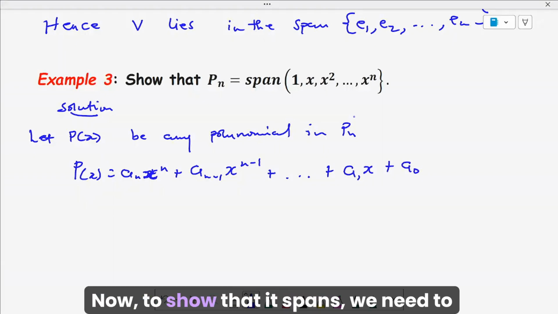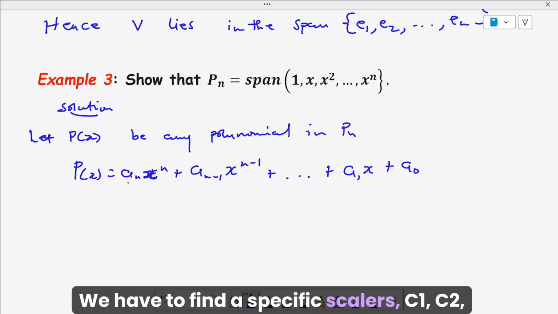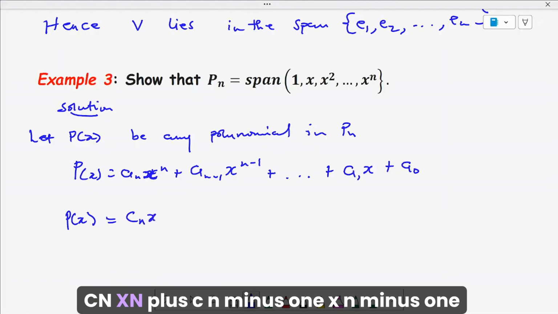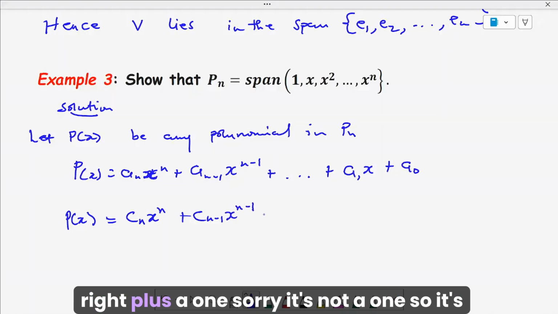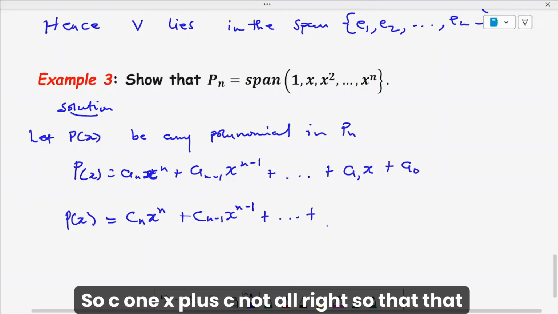Now, to show that it spans, we need to find specific scalars c1, c2, c3, such that p(x) is equal to cn xn plus cn minus 1 xn minus 1, plus c1 x plus c naught.